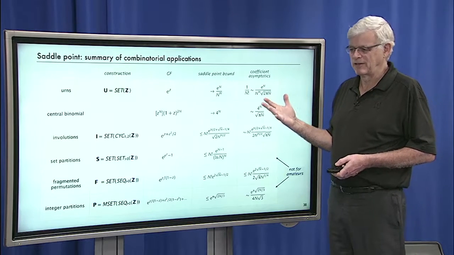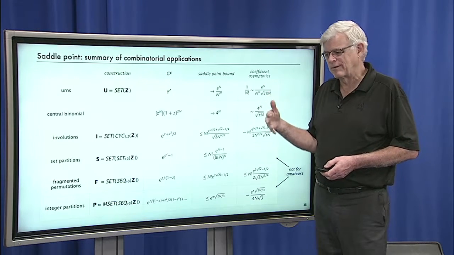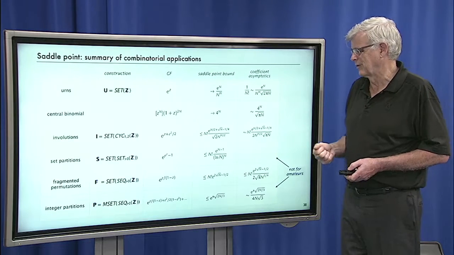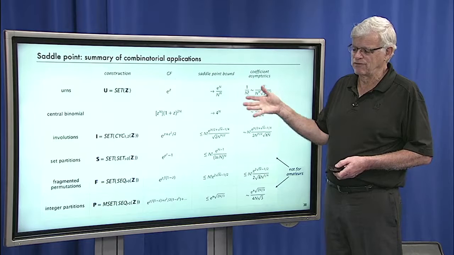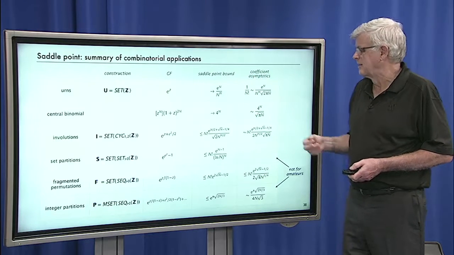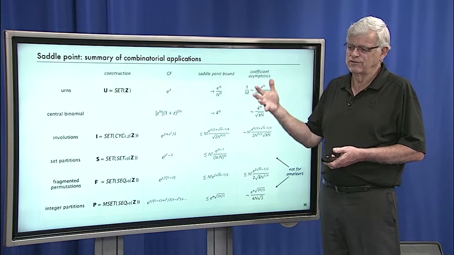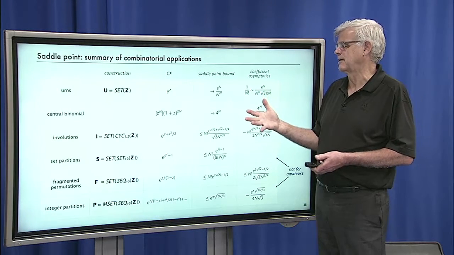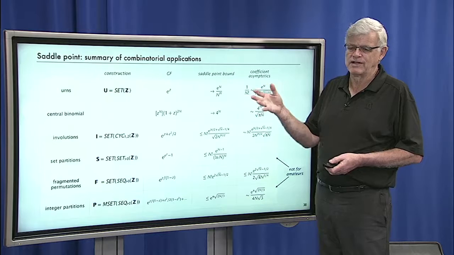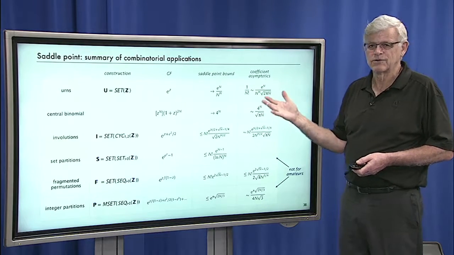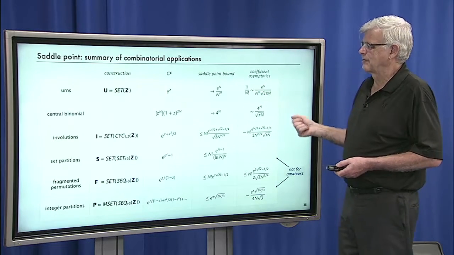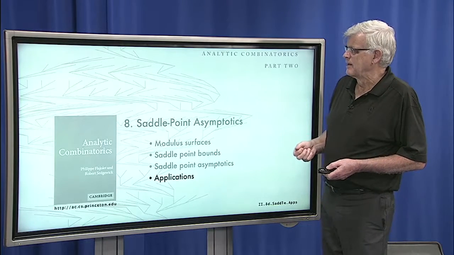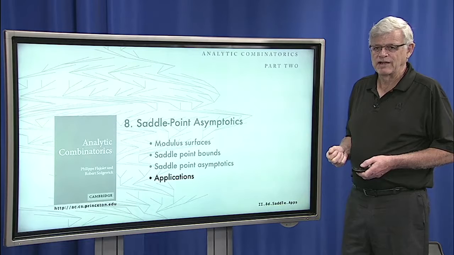So I'm not going to claim that saddle point asymptotics is as simple a transfer theorem as we saw for many other examples early on. But still, this places the whole idea in context and illustrates that we do have approaches to cover all the generating functions that we can get from this symbolic method. That's applications of the saddle point method.